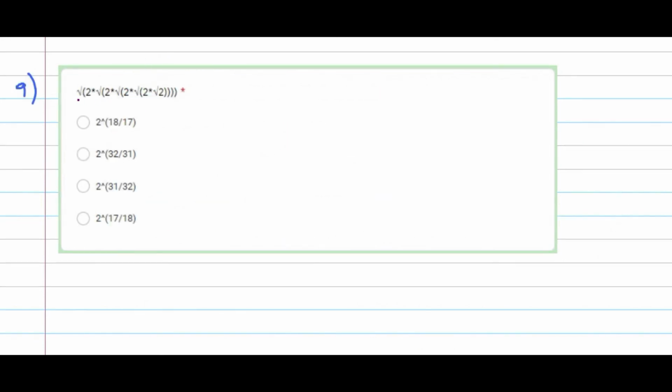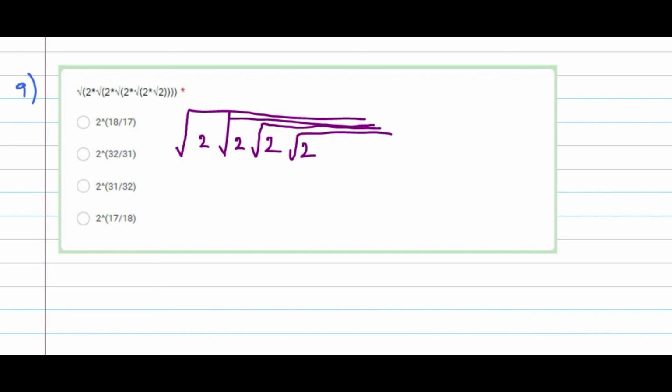Yes, this is the ninth one. So square root of 2 and square root of 2 and square root of 2 and square root of 2. So how to solve this? We should know root 2 is equal to 2 power 1 by 2. If you know this, it will be very easy.